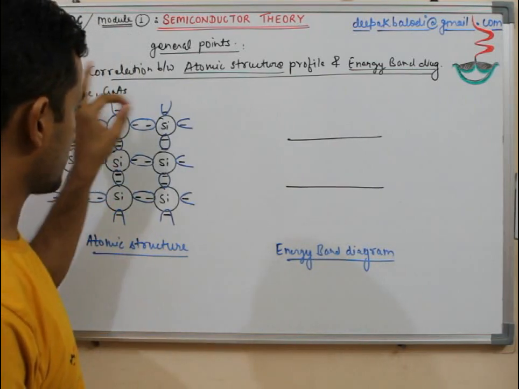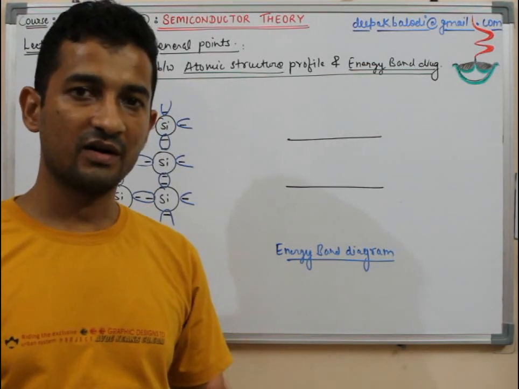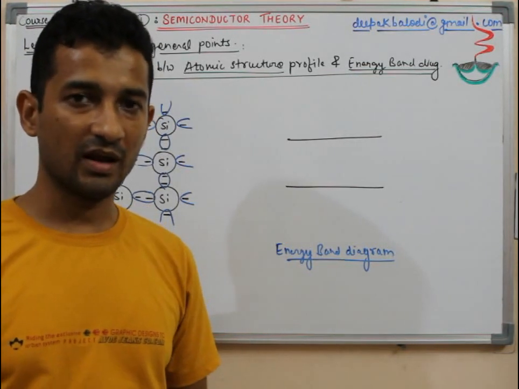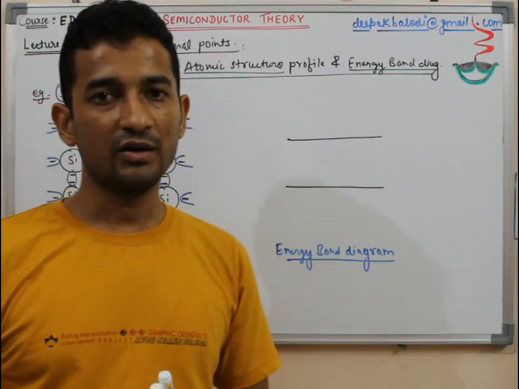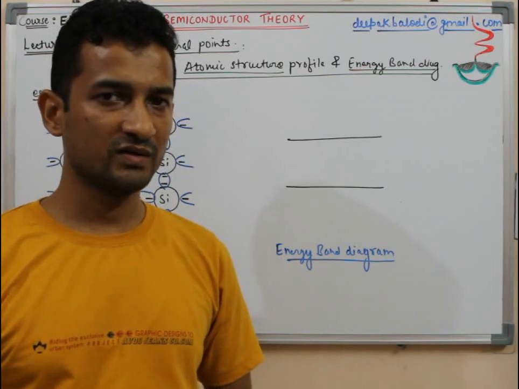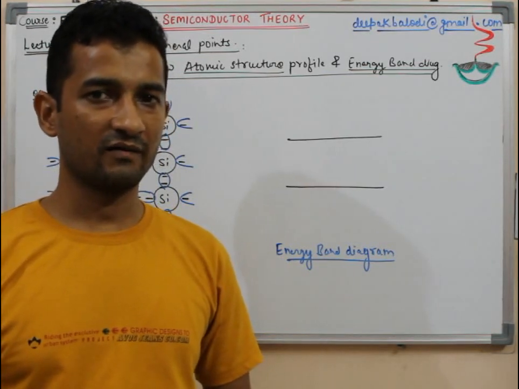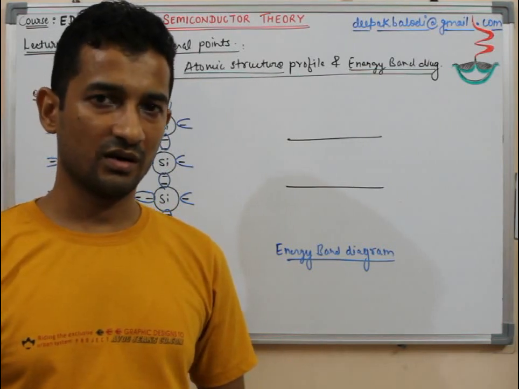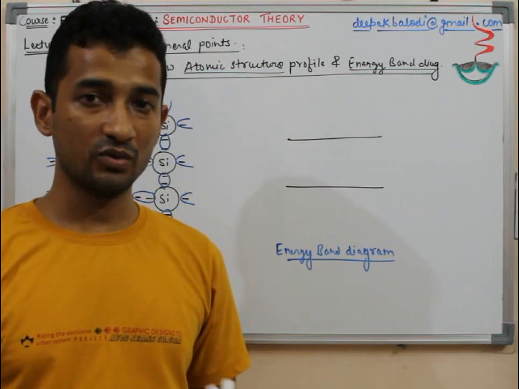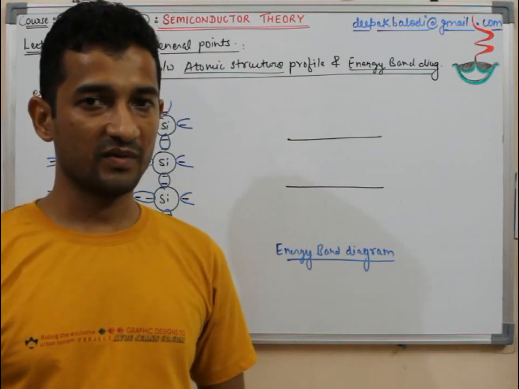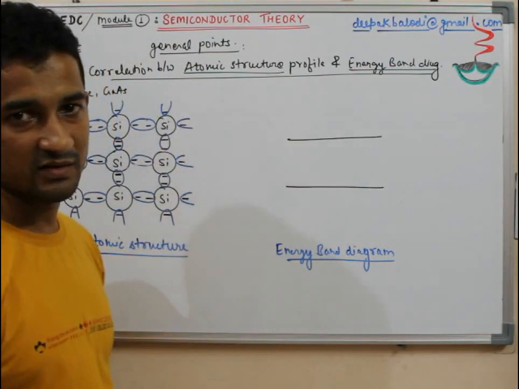When there are electrons within the material, any electron possesses some definite amount of energy, and those energy levels cannot be exactly the same for any two different electrons. This is Pauli's exclusion principle, that each and every electron will have a different energy, unique for it and not shared by any other electron. So there are lots of energy levels.